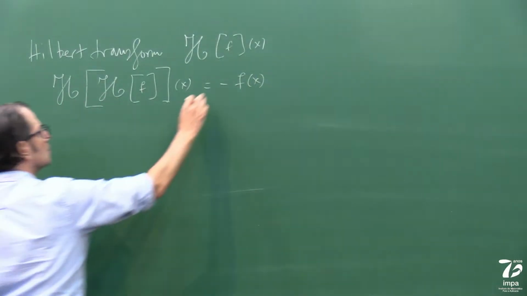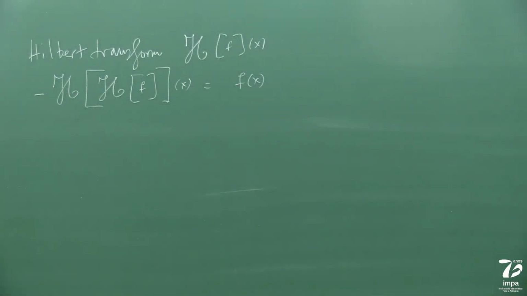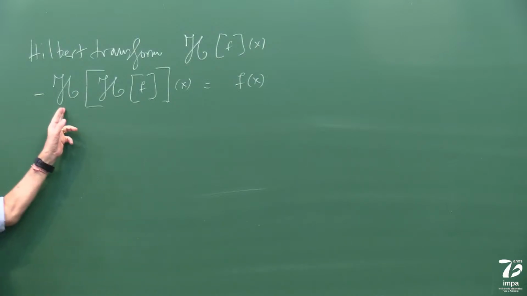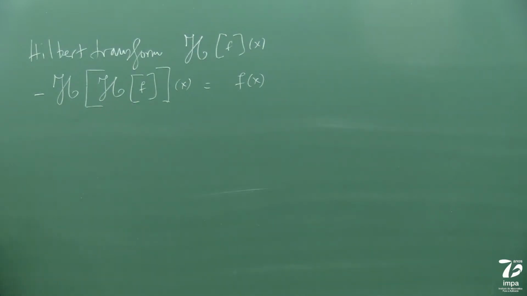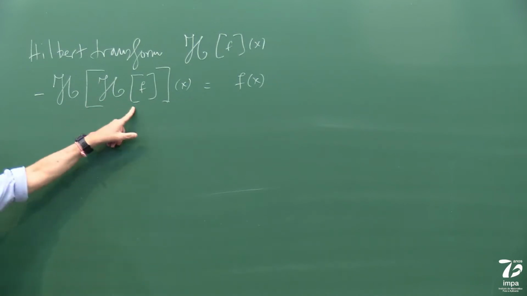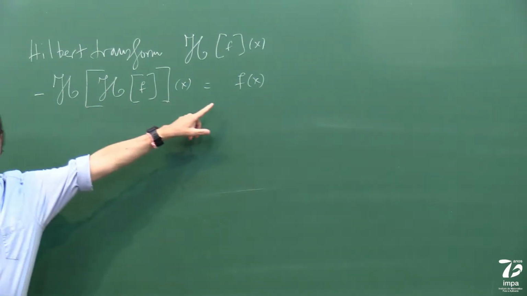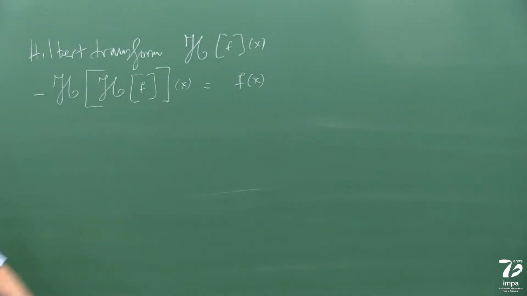Okay, so basically, if I put the minus sign here, it's almost like getting an inversion, going and coming back, okay? So I'm going to use this formula, and I'm going to use the formula for the Hilbert transform of the derivative to compute derivatives. Because if I use the Hilbert transform of the derivative, and then I apply the Hilbert transform to it, I get back the derivative, okay? So you'll see this in a second.